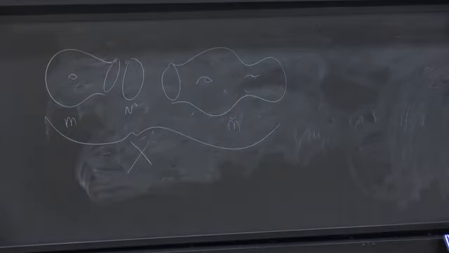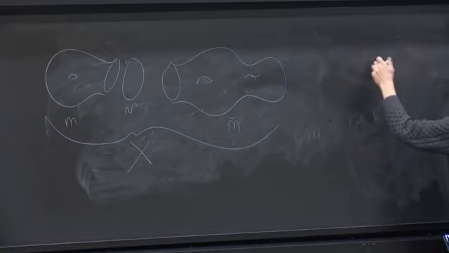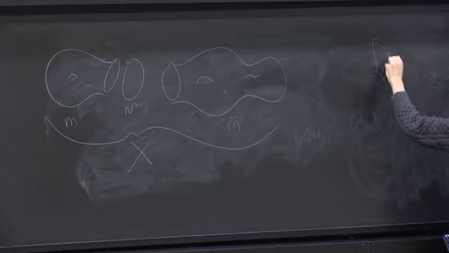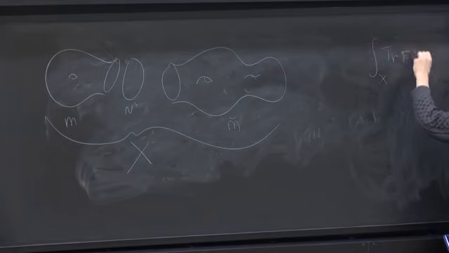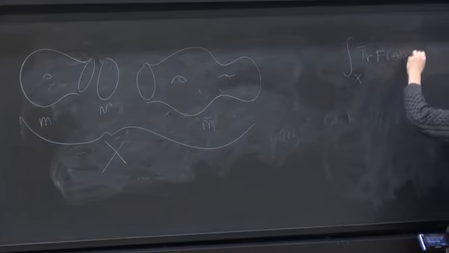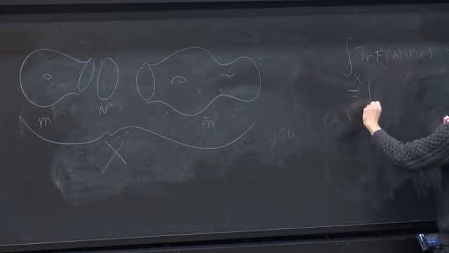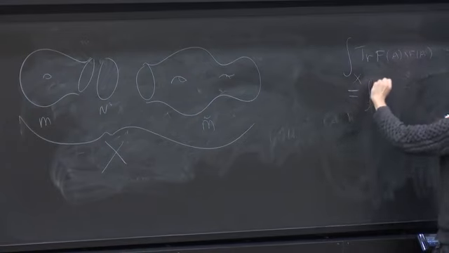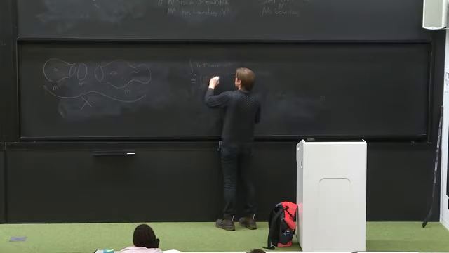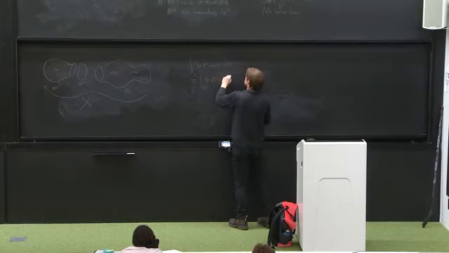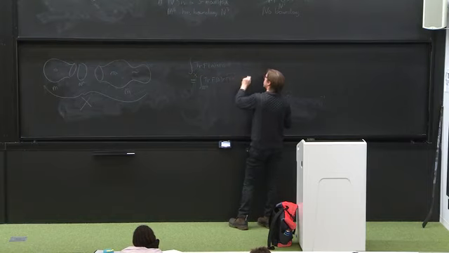Now, we can compare. When we glue, there's some change of orientation. So the integral over X of trace F wedge F, we're careful about the signs, is the difference between them.